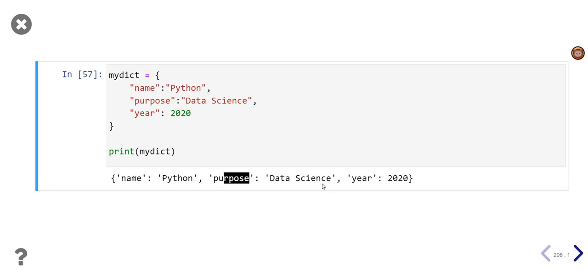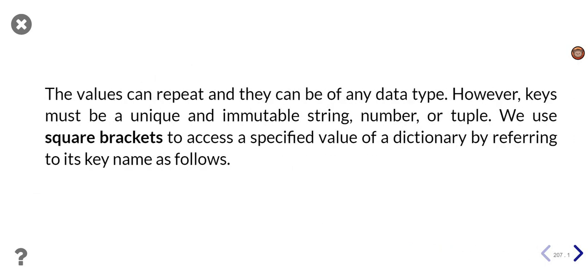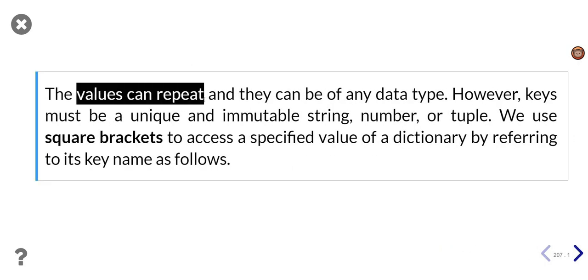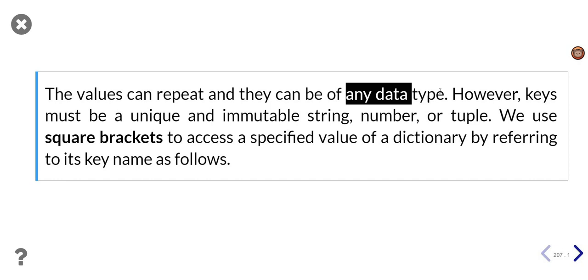This is the key, this is the value, this is the key, this is the value. So take note that the values can repeat. You can have the values repeat and they can be of any data type.